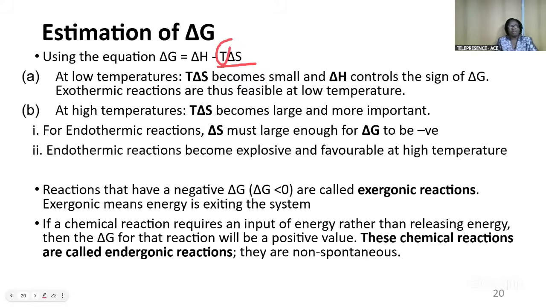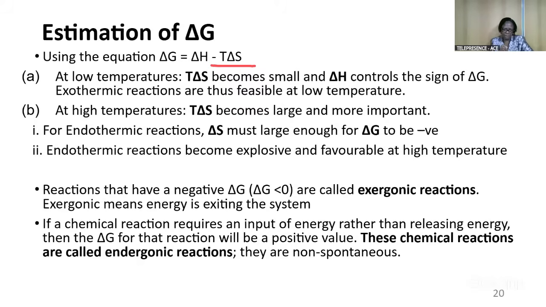And at high temperatures, T delta S will become very large, and that becomes more important. If this term is very large, then it means that you can have delta G to be negative. And at high temperatures, that is going to happen. And for an endothermic reaction, delta S must be large enough for delta G to be negative.